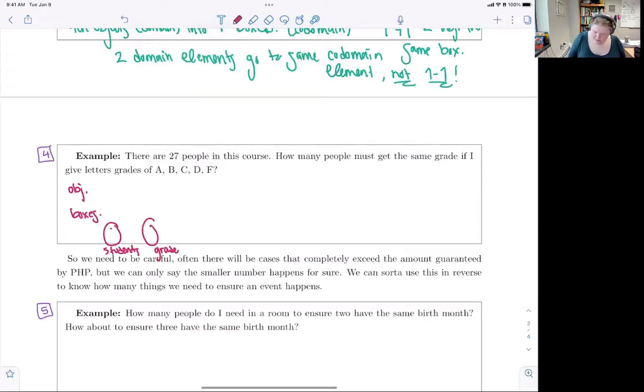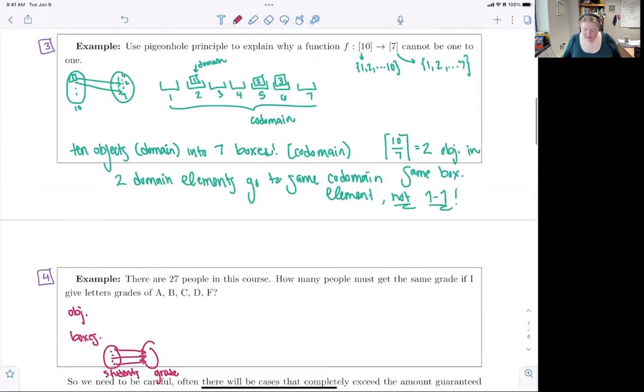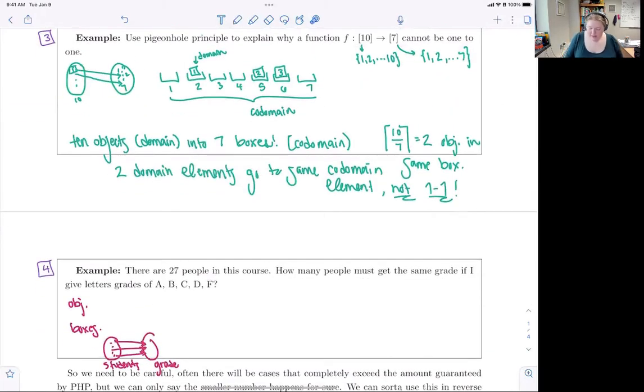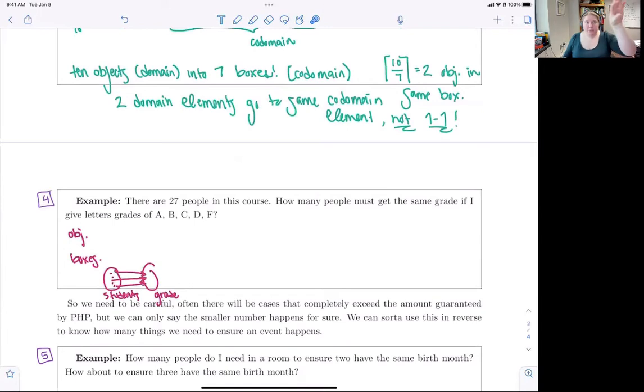We have our students and we have our letter grades over here. But if you're like, okay, I'm just going to put each student into their grade box, that would work too. So the objects here are students. You're not objects, but in the context of the problem. And the boxes here are their letter grades.